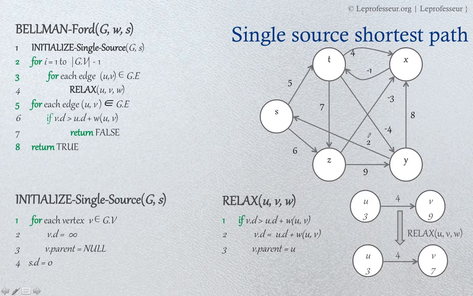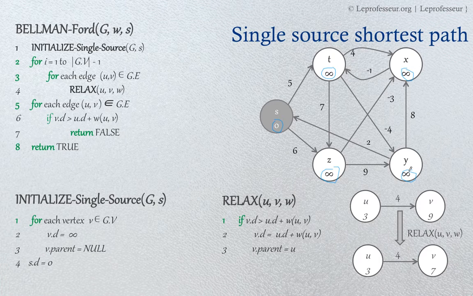So how is the algorithm going to work? Initialization is the first step. We initialize the source vertex to a value of 0, s dot d is 0, and infinity on each other vertex. Okay, that's the initialization step.